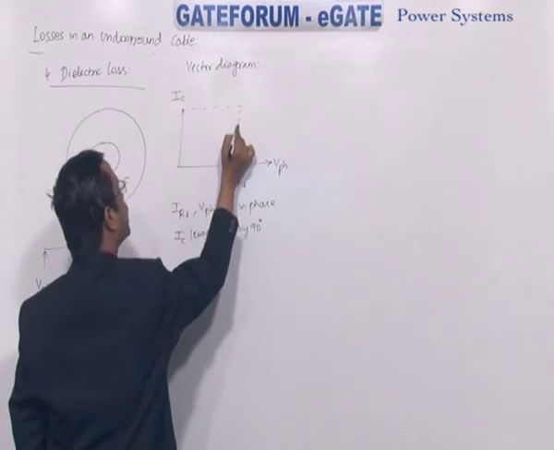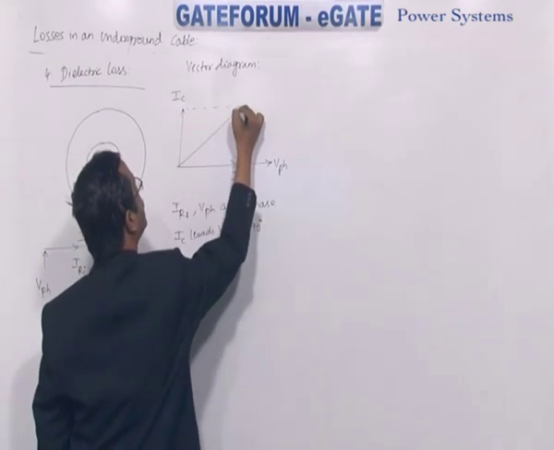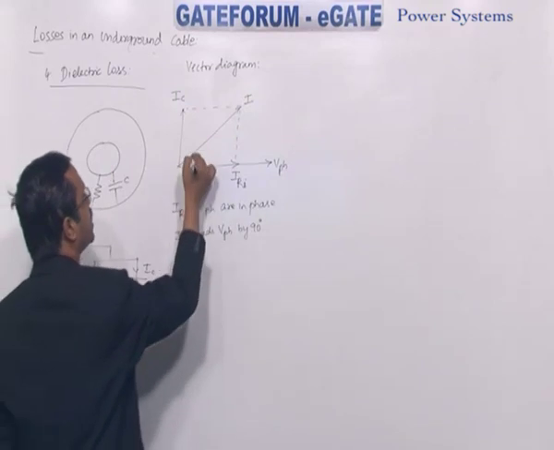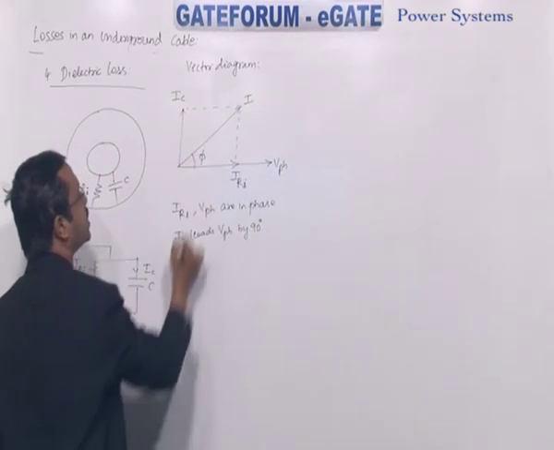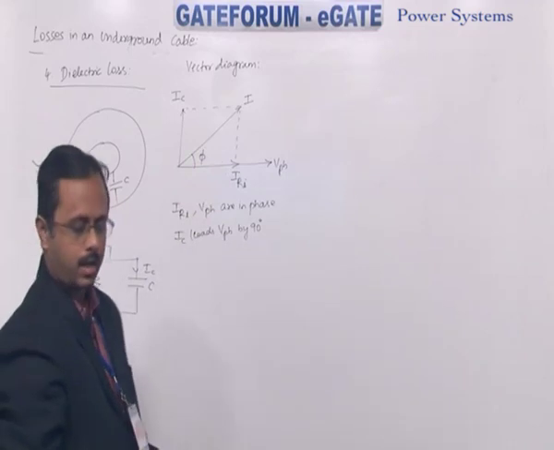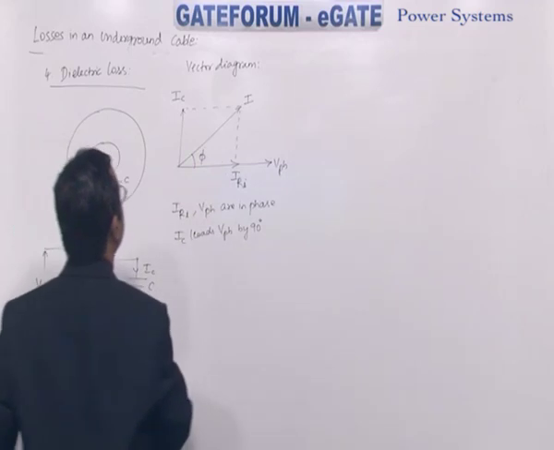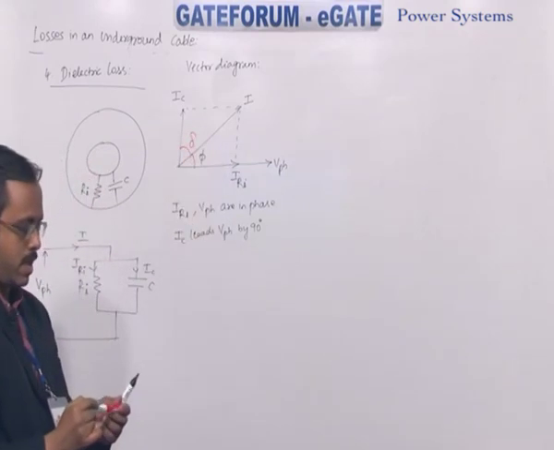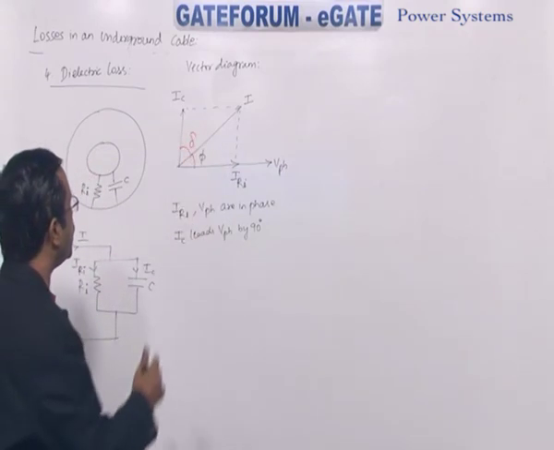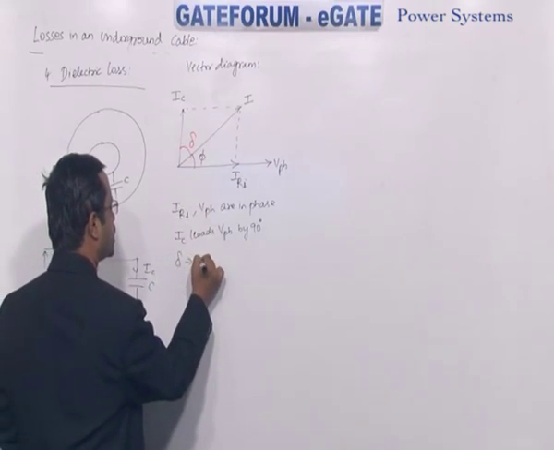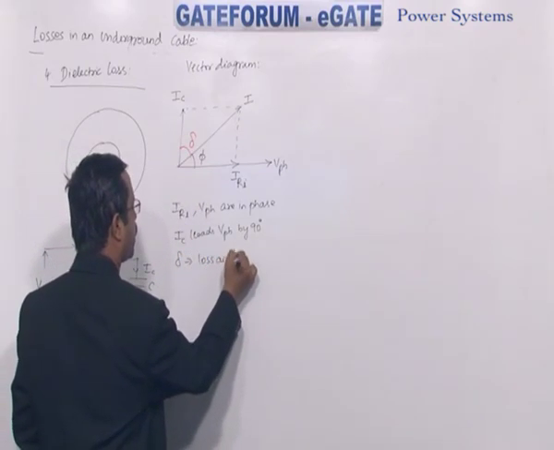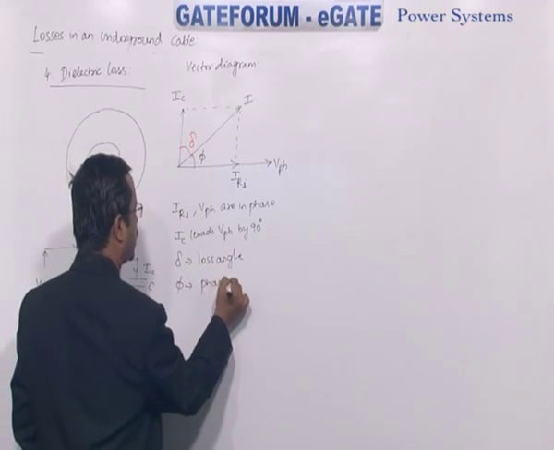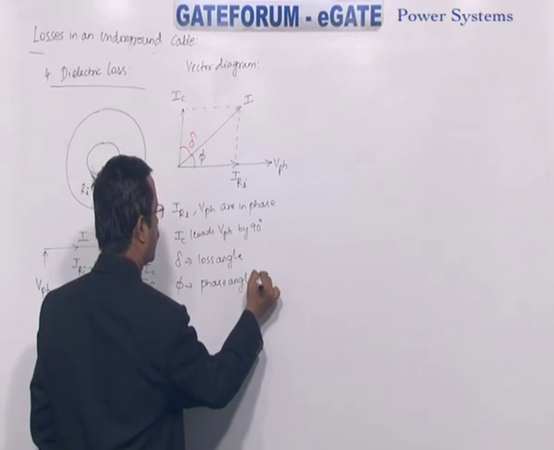Now find the resultant of these two. You get the resultant current as I. Now indicate the phase angle between I and V phase, that is phi, and the angle between IC and I, this angle is delta. Delta, you say it as loss angle. And phi is the phase angle of power factor.